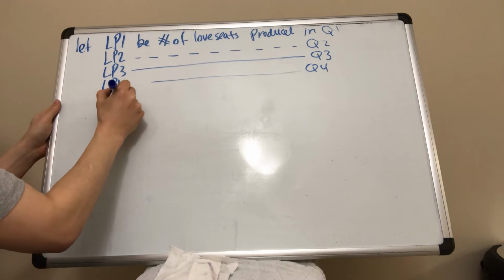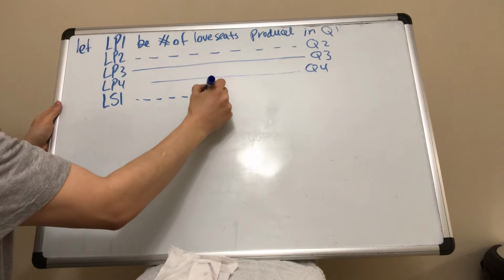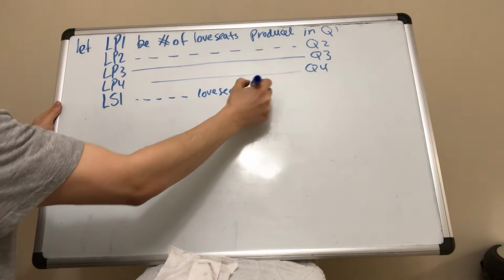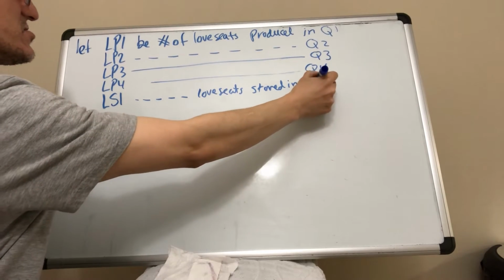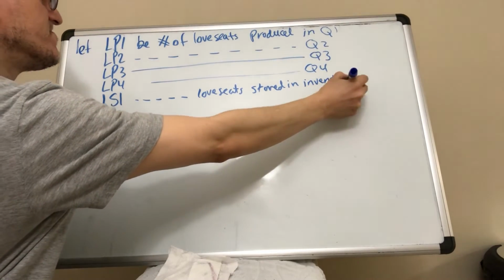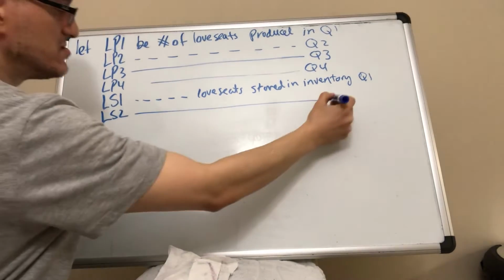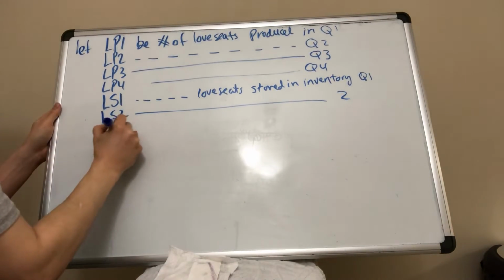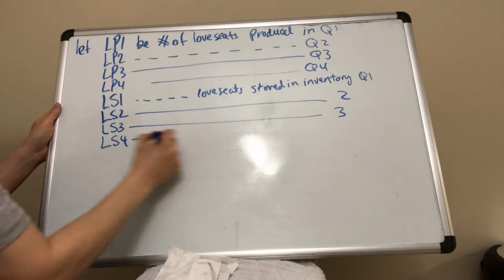Let LS1 be number of love seats stored in inventory in Q1. LS2, 3, 4.